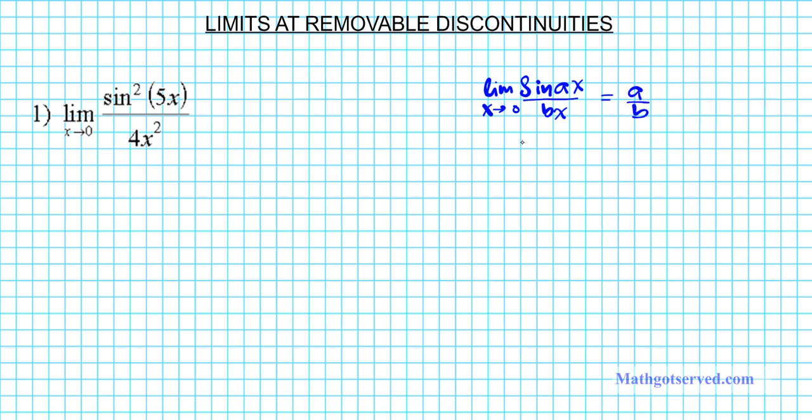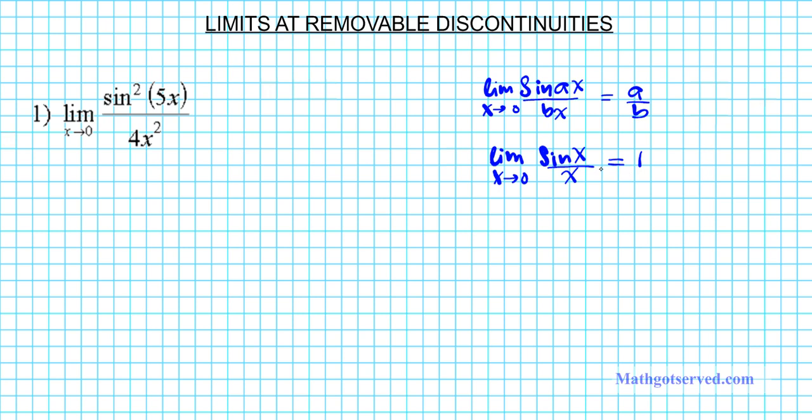One of the variations of this formula that you see often is the limit as x approaches 0 of sine x over x equals 1. In this case, a is 1 and b is 1. They're both identical, so you have a divided by a, which is equal to 1.